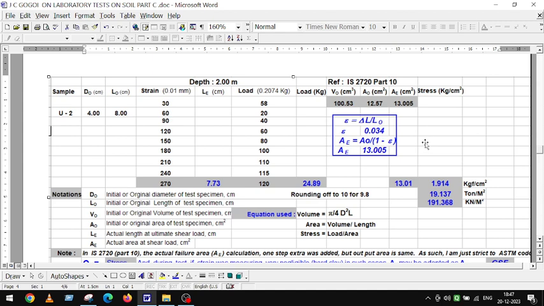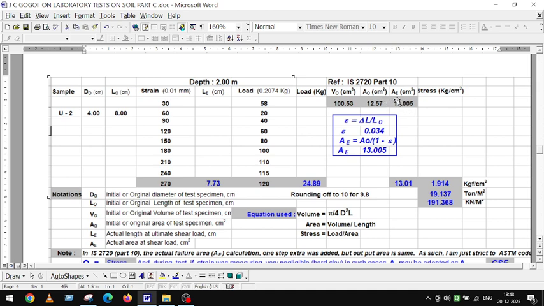We have to calculate the effective area, which is what we get after shear: the corrected area or failure area. Some say failure area, some say corrected area, some say modified area, whatever it may be.